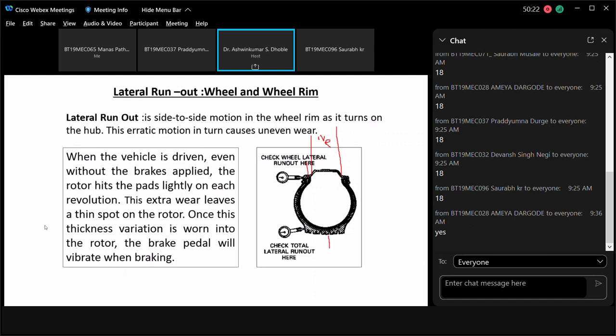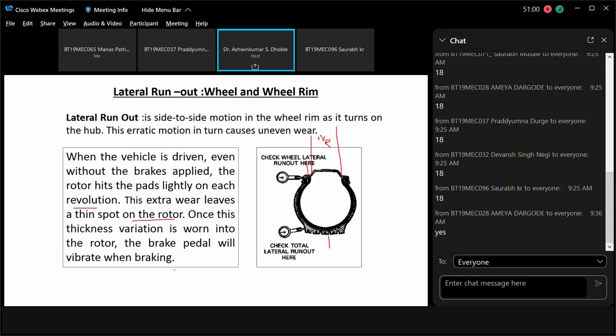Now he is talking about कि जैसे मान लो आप are using the disc brake and if that disc is fitted with the hub of the wheel rim, then in that case if the tire rotates then there is slight play because of this lateral runout, then it may hit the brake disc. Okay, rotor hits the pads lightly on each revolution. This extra wear leaves a thin spot on the rotor.